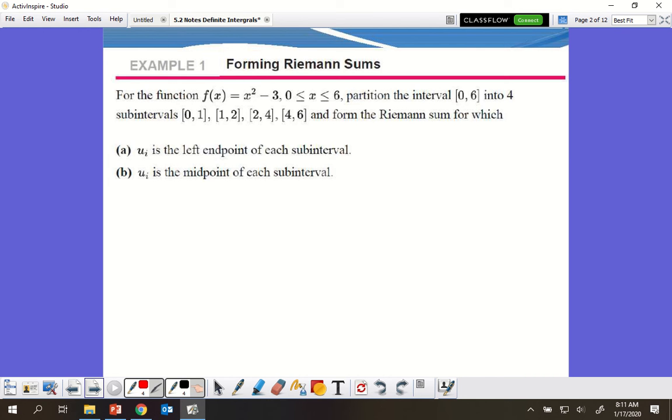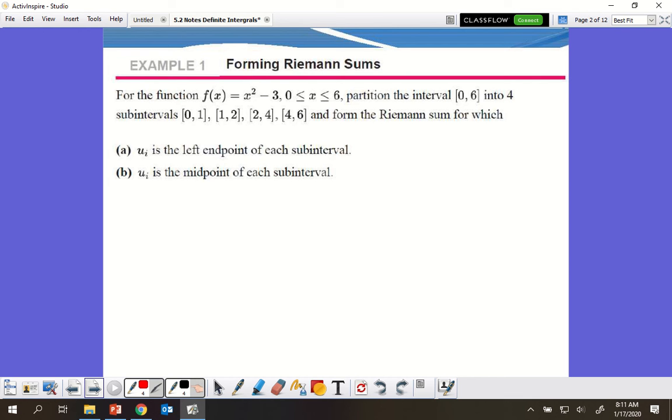For the Riemann sum, use the left endpoint of each subinterval, and then the midpoint of each subinterval. Now, a Riemann sum is either left-hand alignment, right-hand alignment, or midpoint. I will talk about each one in detail. So we could do left, right, or midpoint. There's actually a Simpson one to go along with that, but I ain't doing that.